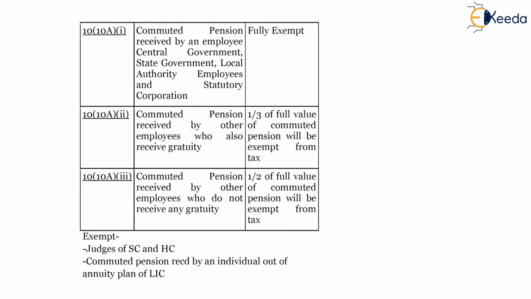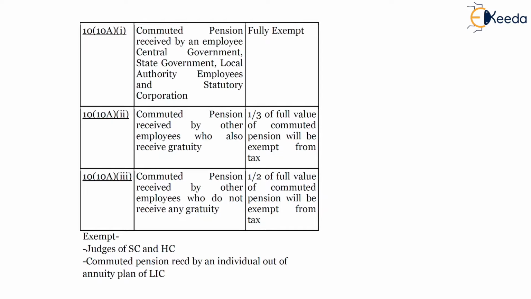So first you will have to see whether it's a government employee or non-government employee. If it's a government employee, then it will be entirely exempt as per subclause 1 of clause 10A, right? If it's a non-government employee, then you have to further see whether gratuity is received or not.